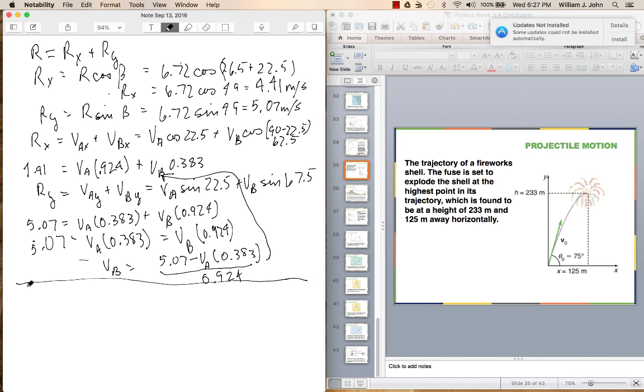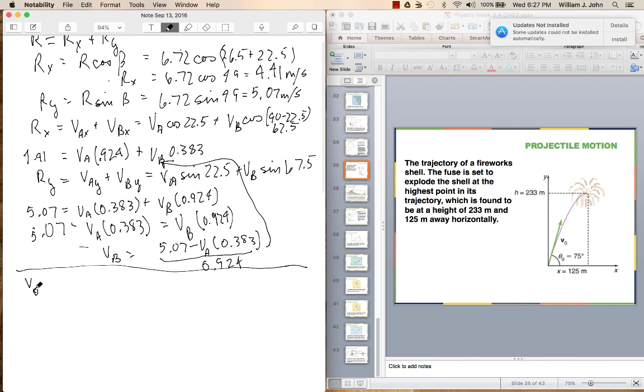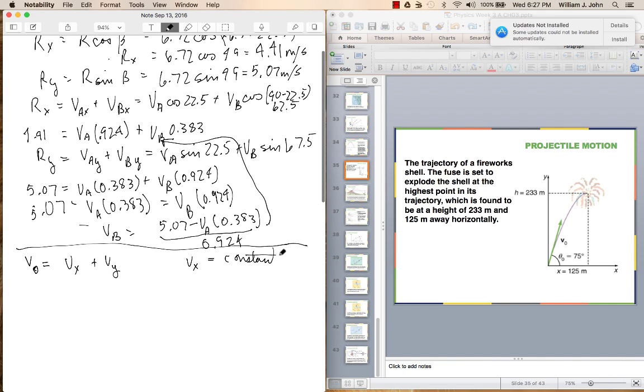First of all, remember that V0 is going to equal Vx plus Vy. And also remember that Vx is a constant, okay? It never changes. So, what about Vy? What can we say about Vy?